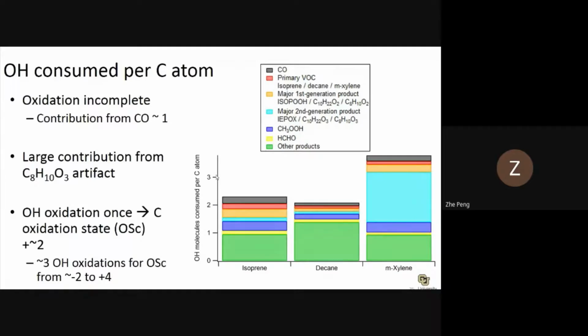Each OH oxidation leads to an increase in carbon oxidation states by 2, or in more detail, by 1 through the direct reaction with OH, and by another one through the reaction with O2. So about 3 OH oxidations are needed for carbon oxidation state to increase from -2, typically in hydrocarbon precursors, to +4 in CO2.